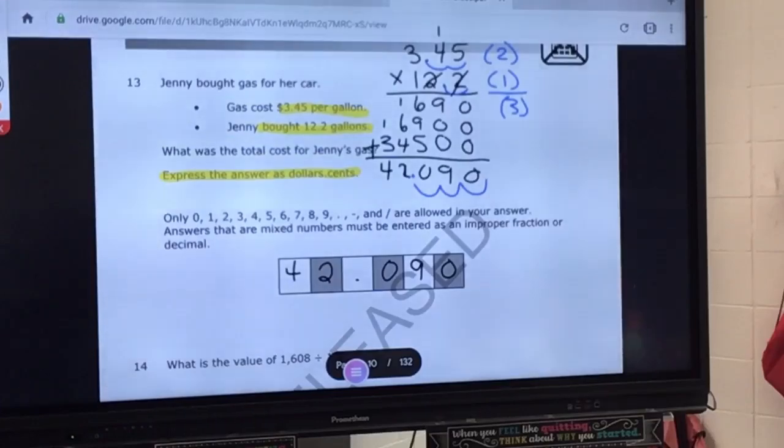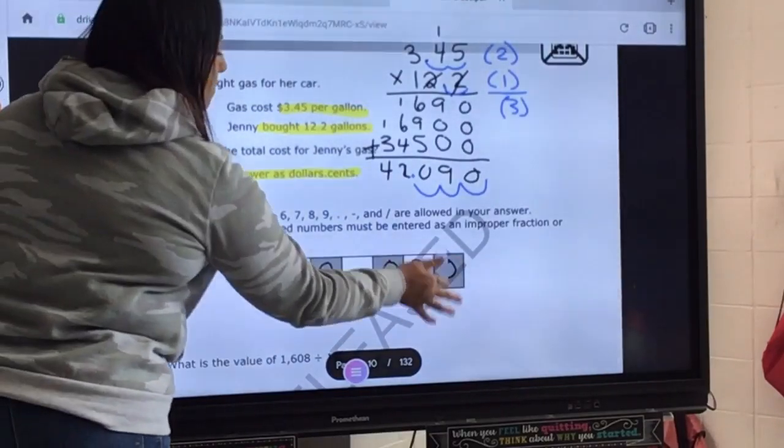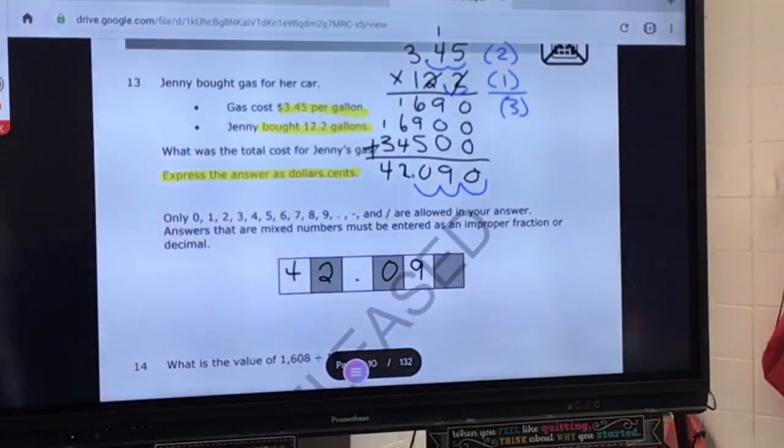So why is that not my answer? Why would that be marked wrong? Lily. Because we're doing dollars and cents, we only go back 2 zeros. Right. So do not put in that extra 0 at the end. Okay? That is the correct answer, not the extra 0. Does that make sense?